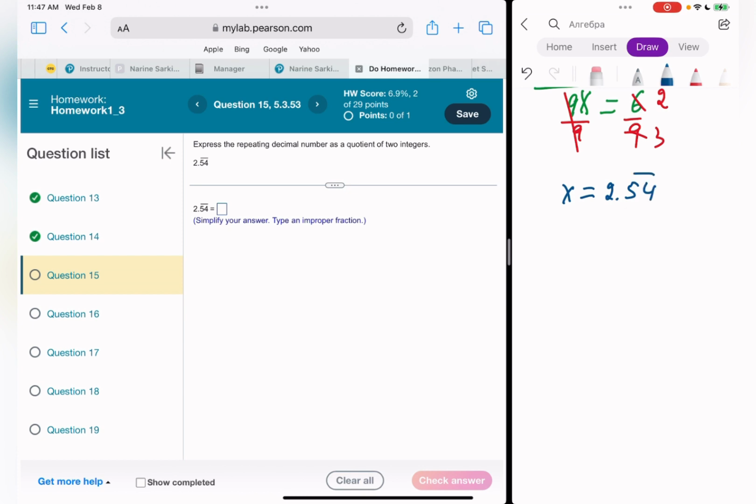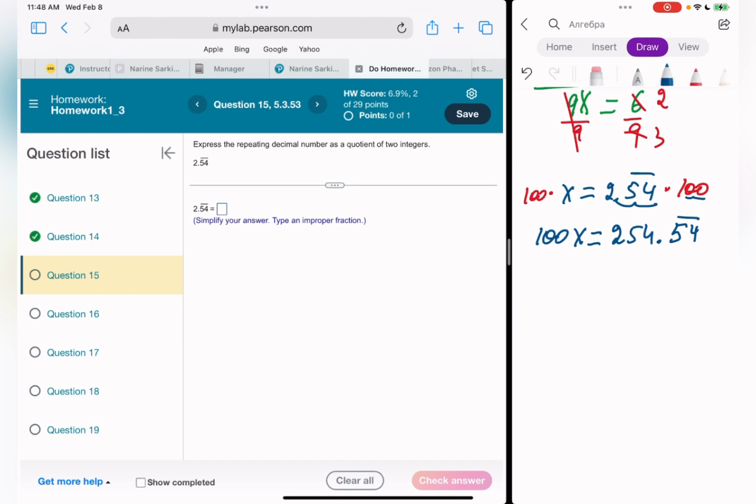Since I have 2 decimals repeating, I am multiplying by 100 on both sides. What am I getting? 100x, I'm getting 254, because multiplying by 100, 2 zeros, I'm moving by 2 positions. And because 54 keeps repeating, I will still have 54 there, repeating itself.